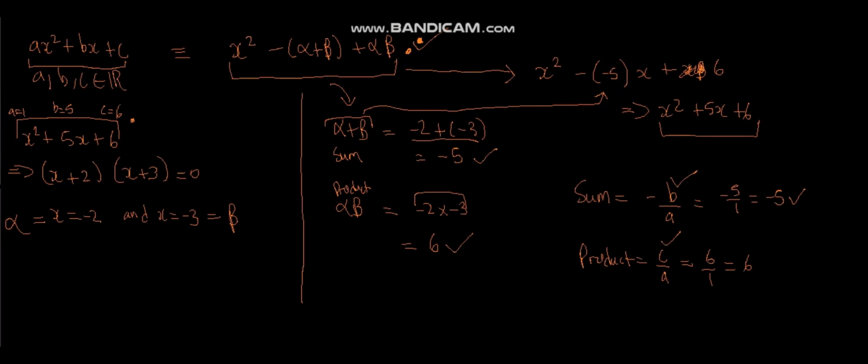So we have ax squared plus bx plus c is equivalent to x squared minus (alpha plus beta) x plus alpha beta, where alpha plus beta is minus b on a and alpha beta is c on a. That's it for this video.